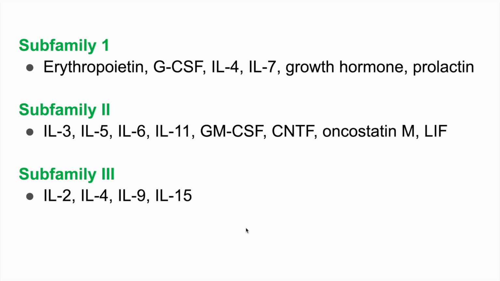Subfamily 1: erythropoietin, colony stimulating factor G, interleukin 4, interleukin 7, growth hormone, prolactin. Subfamily 2: interleukin 3, 5, 6 and 11, colony stimulating factor GM, CNTF, oncostatin M, LIF. Interleukin 2, 4, 9, 15 belong to subfamily 3.